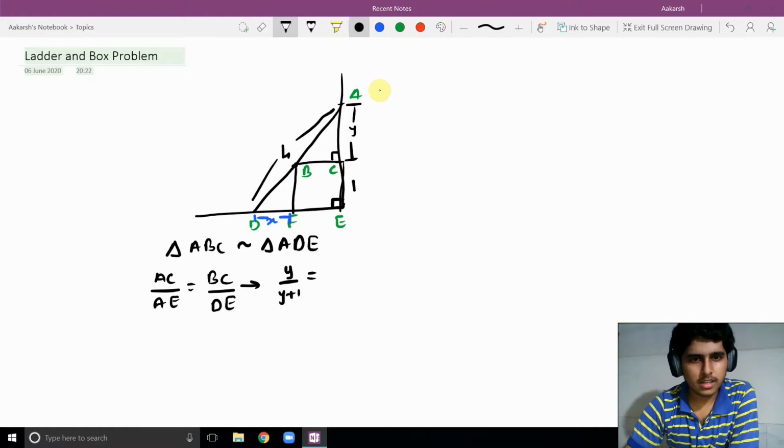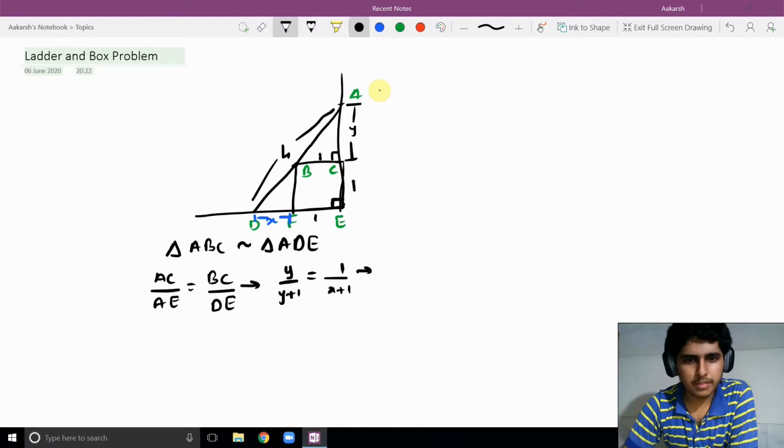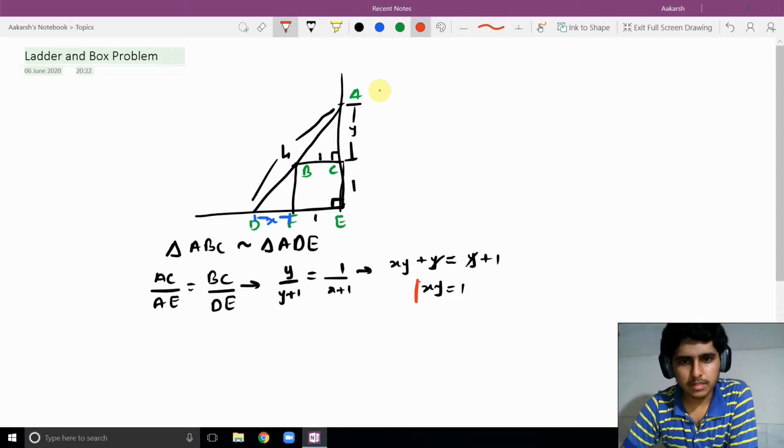BC will be 1 because it is the side of this cube. And DE is nothing but x plus 1, because FE is again the side of the same cube. Upon simplifying this, I get xy plus y equals y plus 1. Now I cancel the y on both sides and get xy equals 1. This is my first equation.